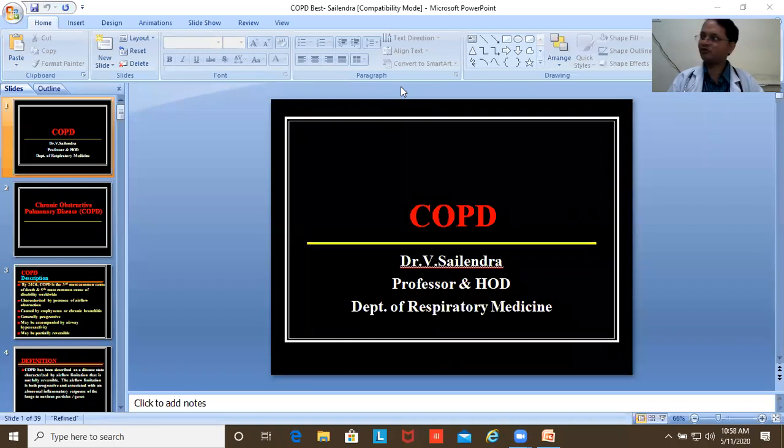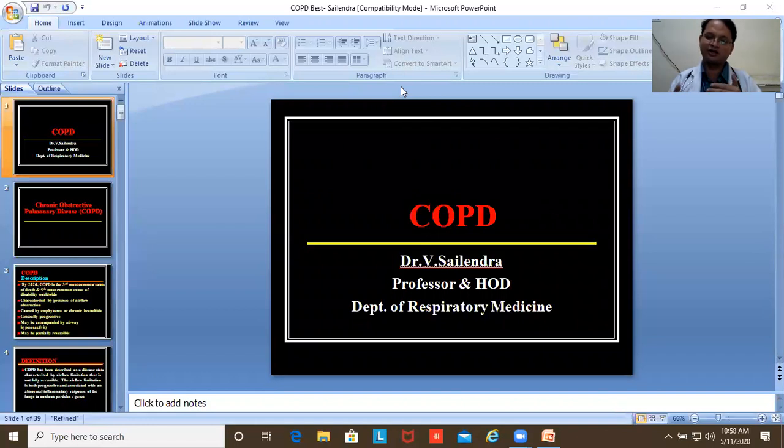Mainstay of treatment for emphysema: the mainstay is bronchodilator. It all depends on the grade in which the patient is suffering. We have charted down 4 different grades of COPD based on the GOLD guidelines. Whenever the patient is in grade 3 and 4, a steroid has to be added.